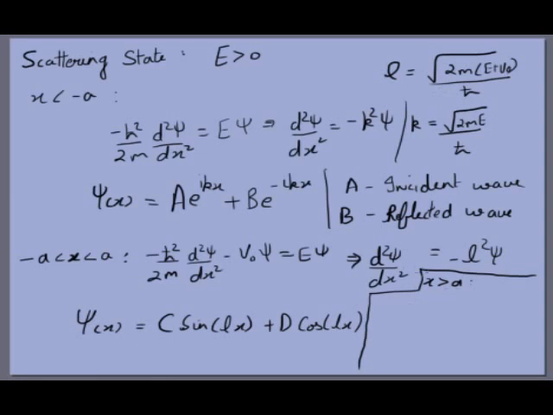Now back to this, for x greater than a, we'll have a similar solution to this, except we'll take the minus iota kx term to be 0 because we want an incident wave, a reflected wave and a transmitted wave. So in this case, we get psi of x is equal to F e to the power iota kx for x greater than a, and F is the transmitted wave.